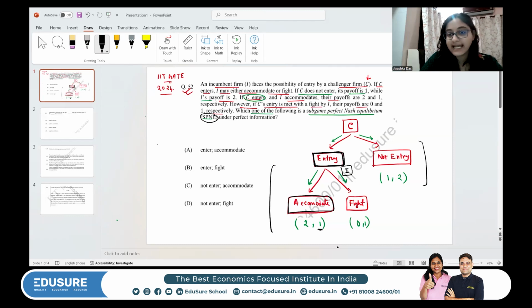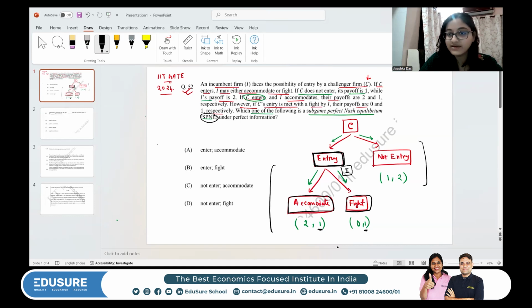Now, if the challenger firm enters and the incumbent firm fights back, then what will be the payoff of the incumbent? Payoff is 1. So see, whether the incumbent firm accommodates or fights, it doesn't matter. Incumbent firm will be indifferent between accommodating and fighting because in any which way it is deriving a payoff of 1. So it doesn't matter.